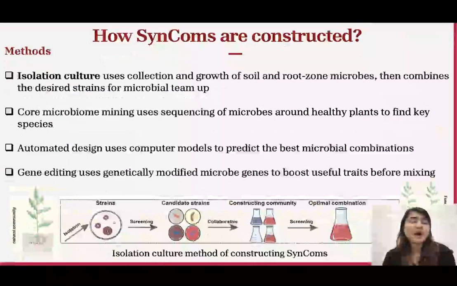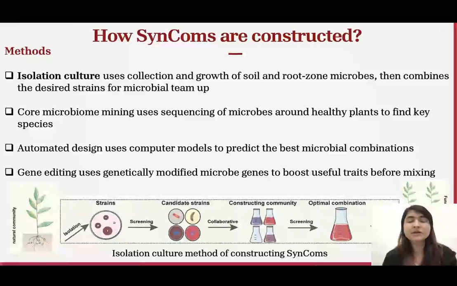Talking about how SynComs are constructed, it involves some complementary strategies that together turn a complex microbiome into a defined and high-performing microbial squad. First, isolation and culture. In this method, you start by collecting samples from soil or root zones and plating them in selective media to generate hundreds of individual microbial isolates.